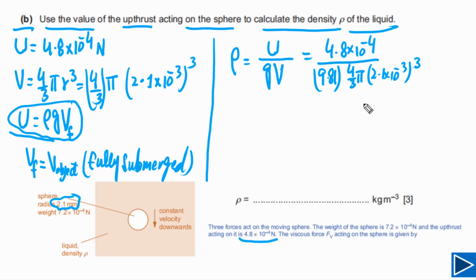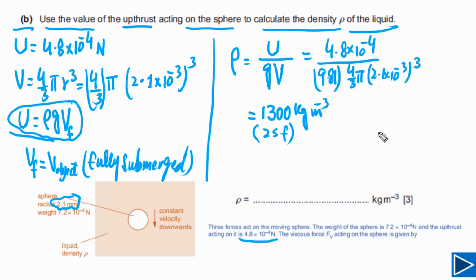Now simply we need to solve this. If we solve this one, we can get the value of density, and in this case the value of density up to 2 SF is equal to 1300 kilograms per cubic meter.